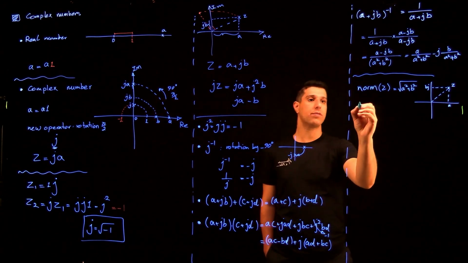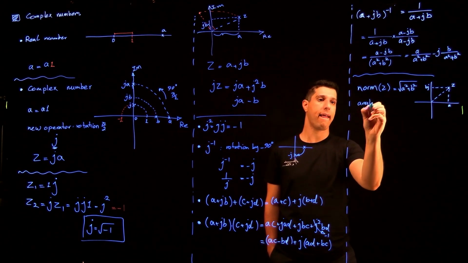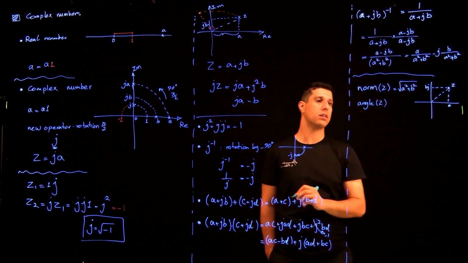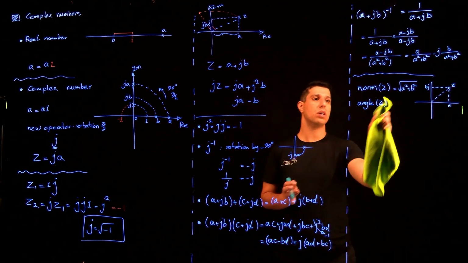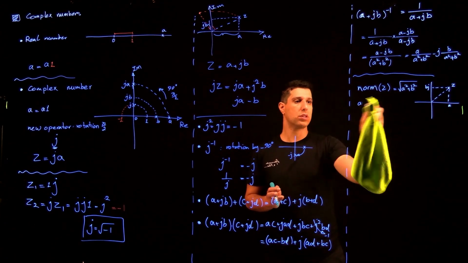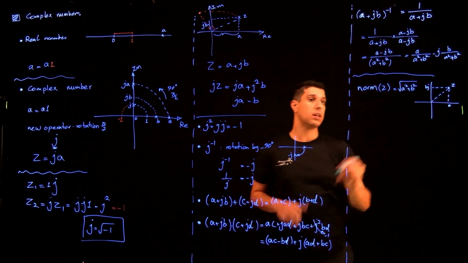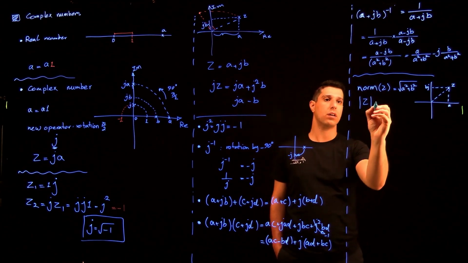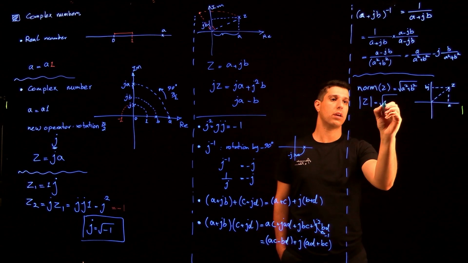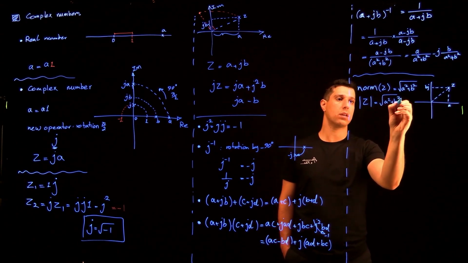I can also define the angle of Z. Oh, before that, we usually use the absolute value, or the norm sign of Z, equals the square root of A squared plus B squared. This is the notation.